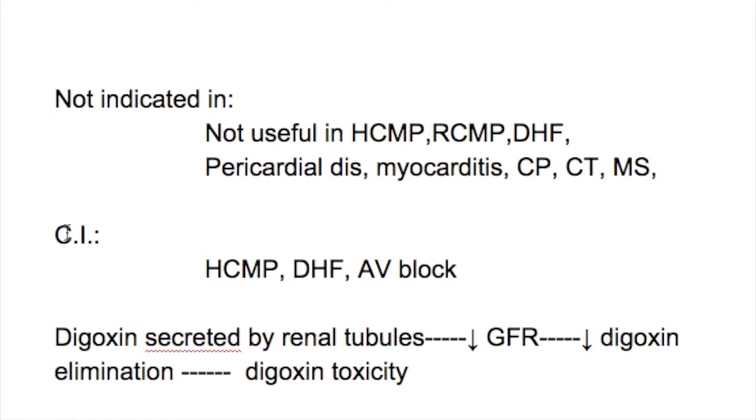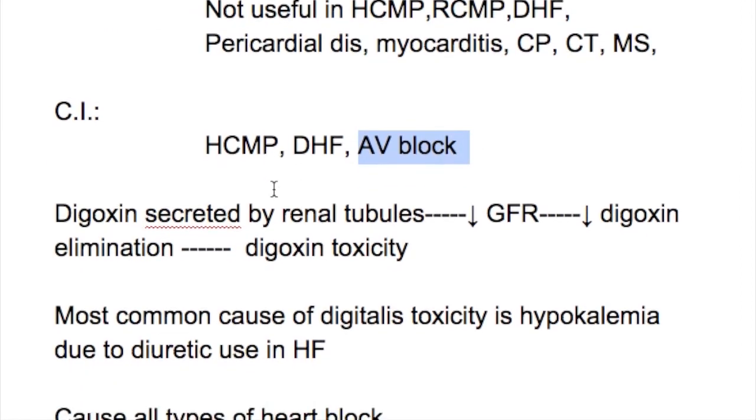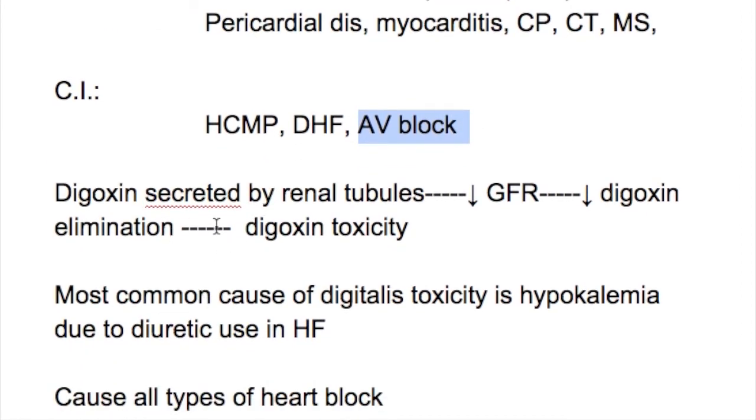So what are the contraindications for digoxin? They are hypertrophic cardiomyopathy, dilated heart failure, and AV block. So why is there a digoxin toxicity in renal failure?